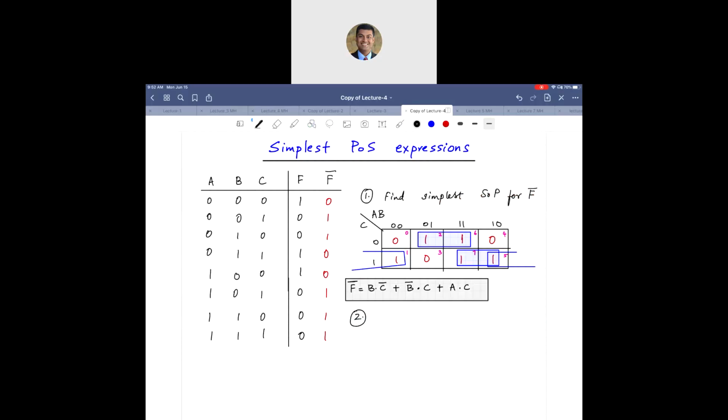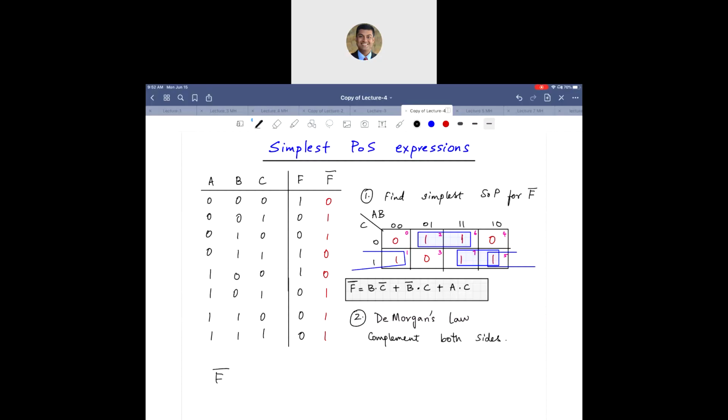I'm going to do De Morgan's law. Complement both sides. So when I complement both sides here, what do I have?